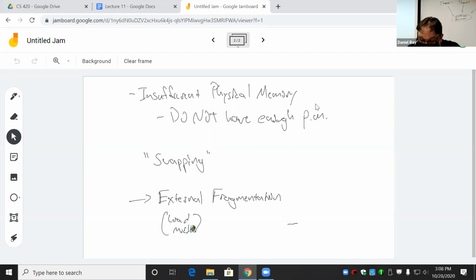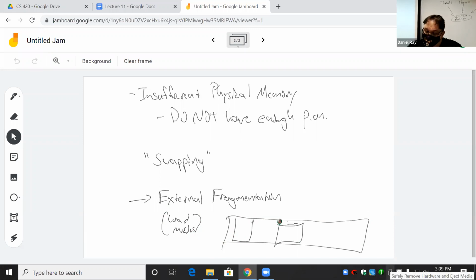So external is called external because it's external to the load modules themselves. So like between load modules, right? It's external to what is inside of each process's address space. And external fragmentation is what happens when we load a bunch of things in memory and we ultimately remove some things from memory.